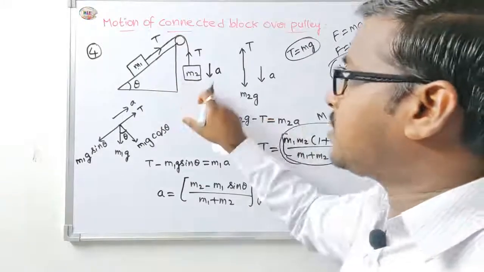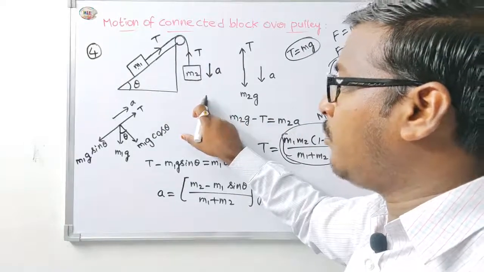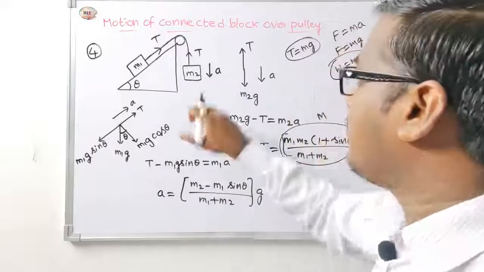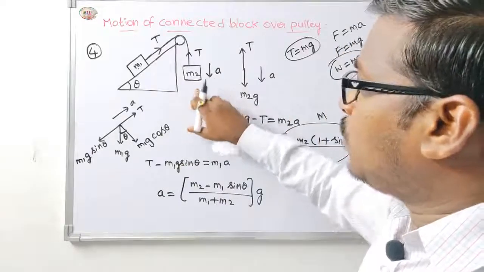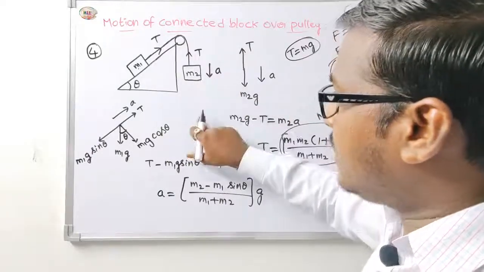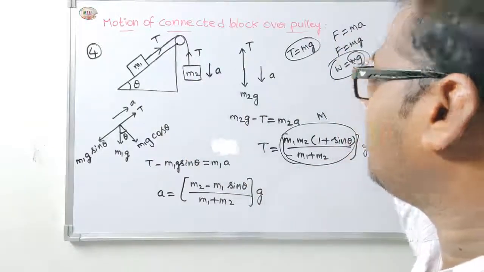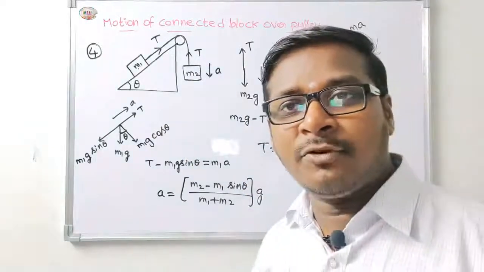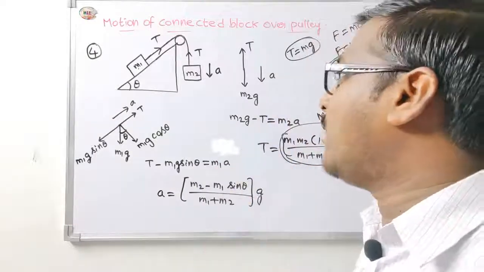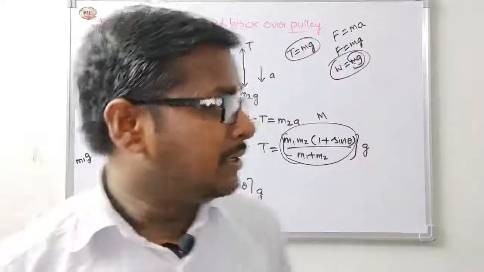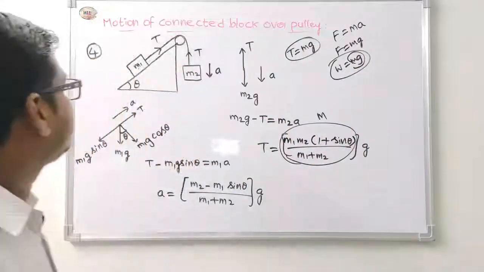In this block system, connected by a string passing over a pulley, the M2 block is acting downward, so M2G, that is mg, minus the tensile force is equal to mass into acceleration, ma. This is the fourth case.